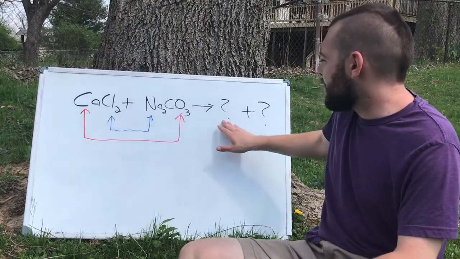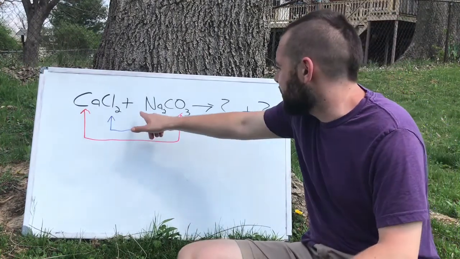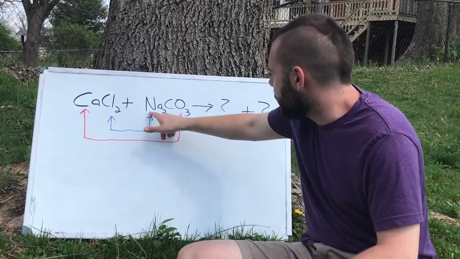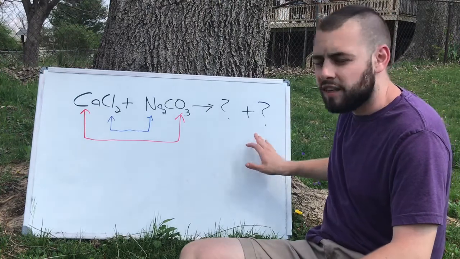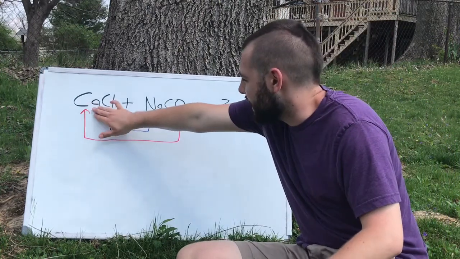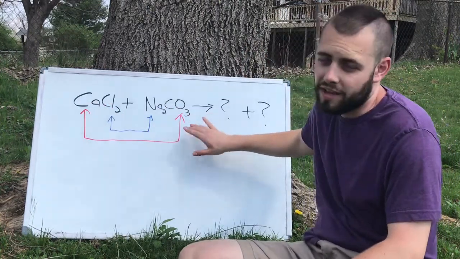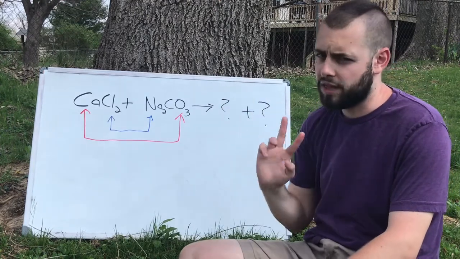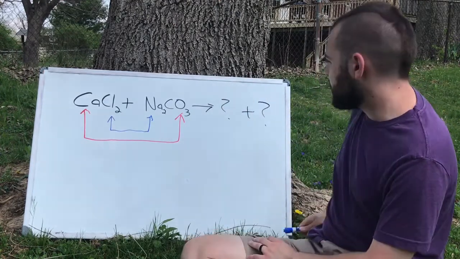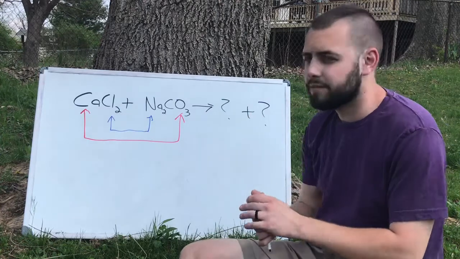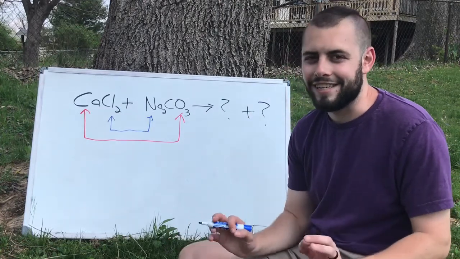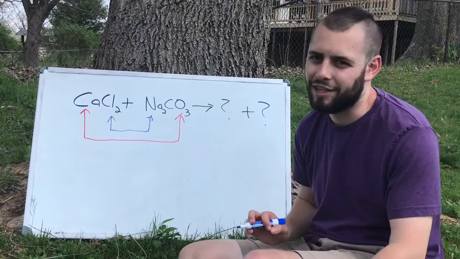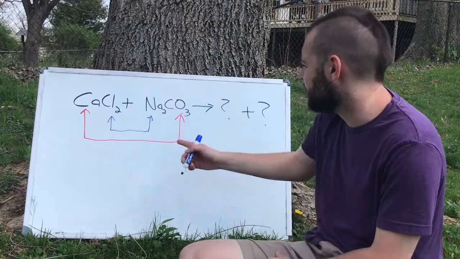So I know that one of my products is going to be this compound between sodium and chlorine. And then my other product is going to be the compound between calcium and carbonate. I'm switching them. I'm replacing them. So if I do my one in blue here first, I can't forget what I've already learned. I still need to use these common oxidation states, these common charges.